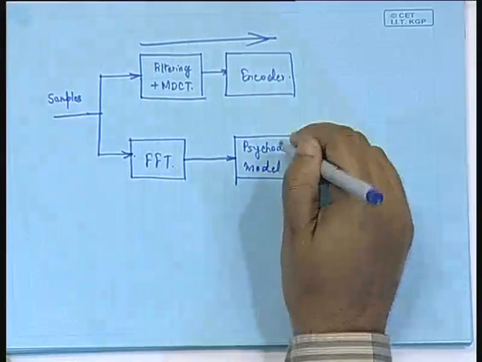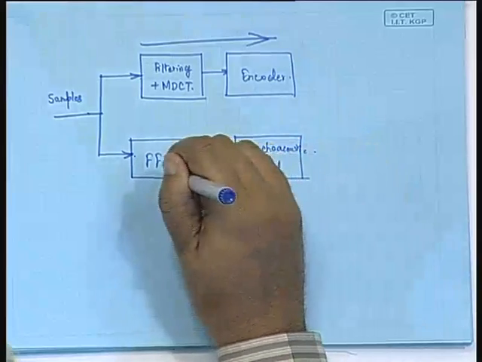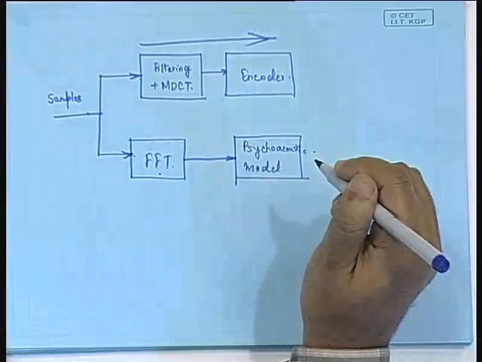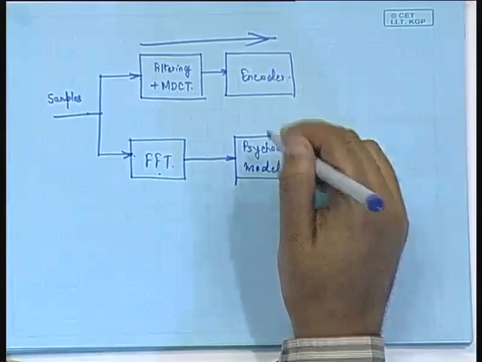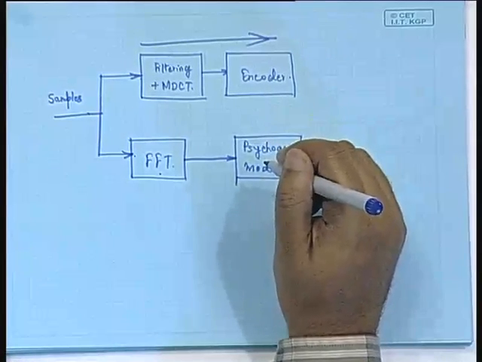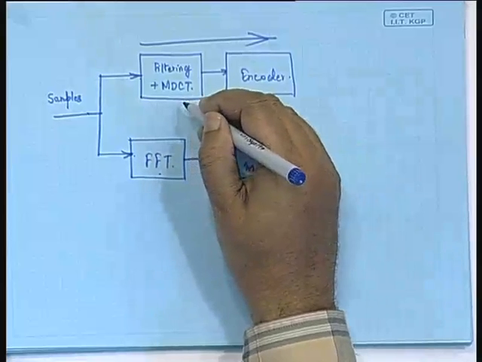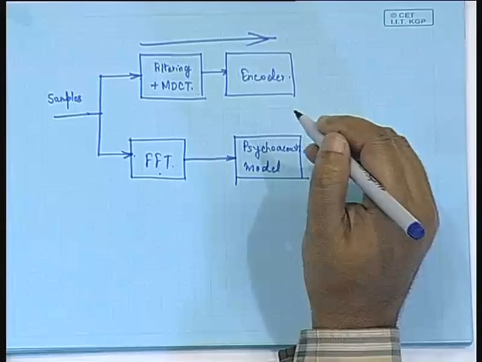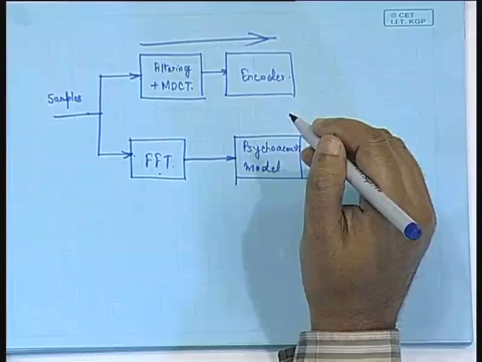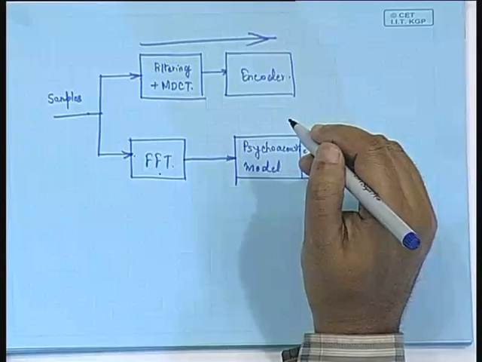And now what we do, once this psychoacoustic model is derived from this FFT, then we encode the MDCT samples. When we observe these MDCT samples, we find out to which critical band these MDCT samples belong, and accordingly they are encoded, or rather the bit allocation is being done accordingly.